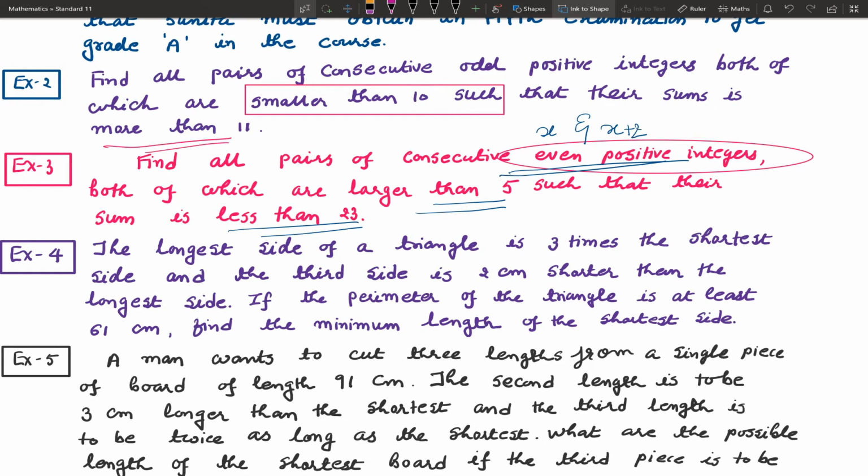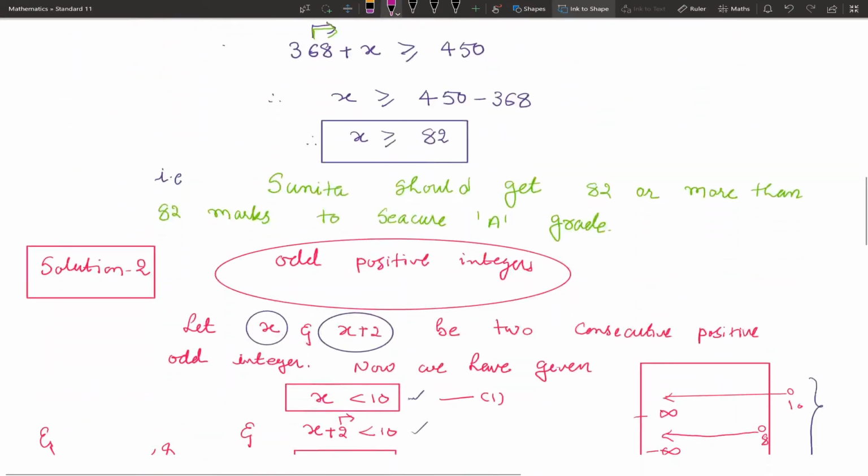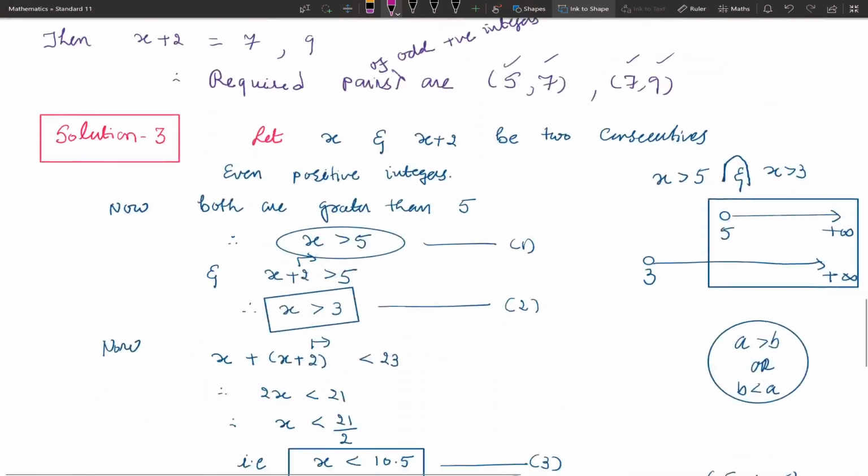If the perimeter of the triangle is at least 61 centimeters, where at least 61 means either 61 or greater than or equal to 61, find the minimum length of the shortest side. So this is the question. Solution 4.